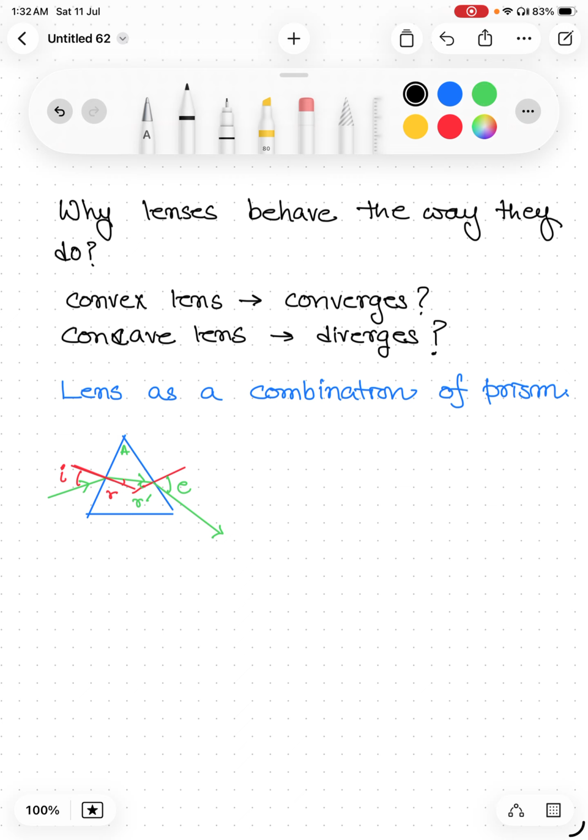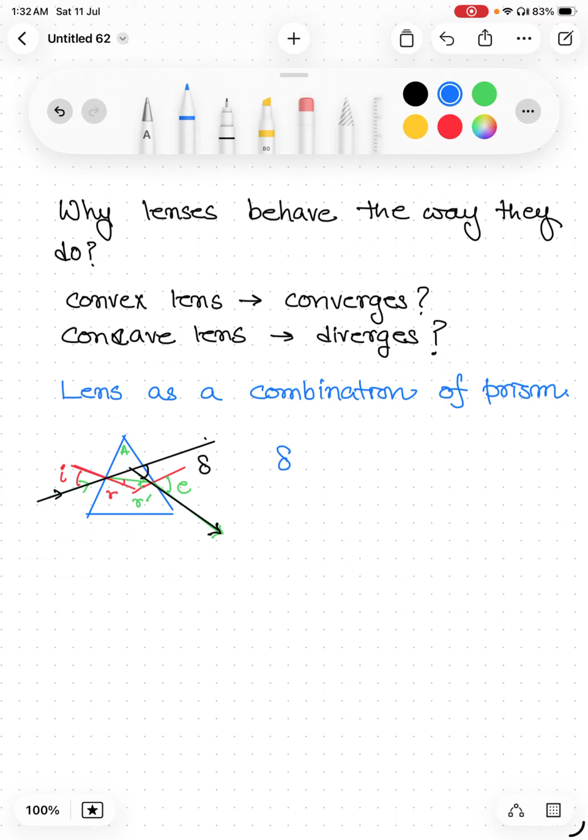So I can say if there was no prism, the light ray would have gone like this. But because of the existence of the prism, the light ray is going like this. So I will say this is the deviation it suffers. Now I know what is the minimum deviation.